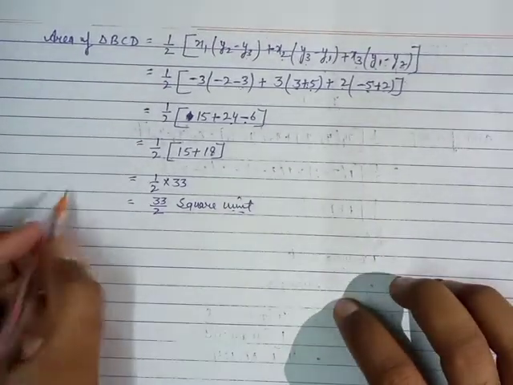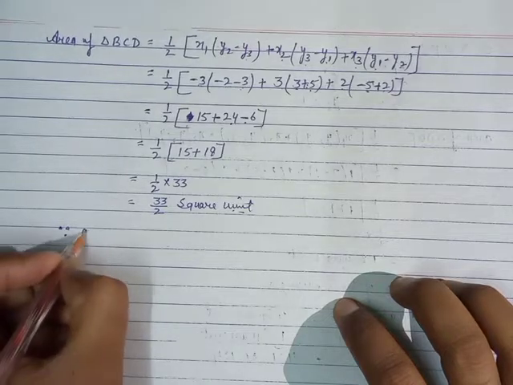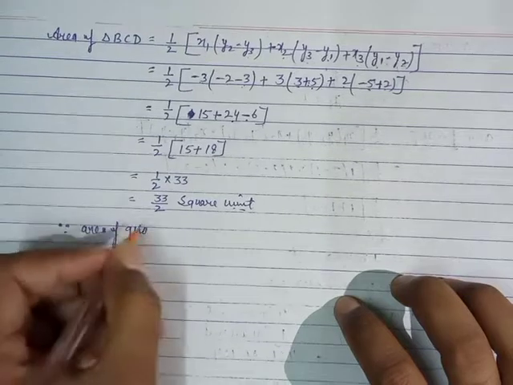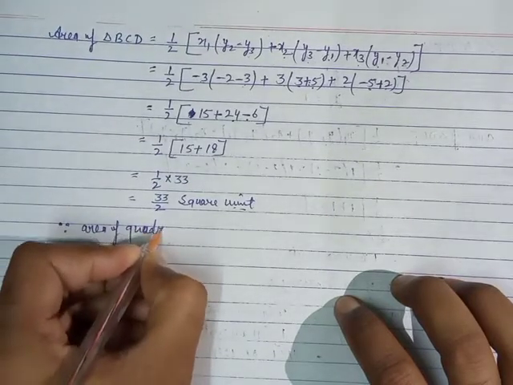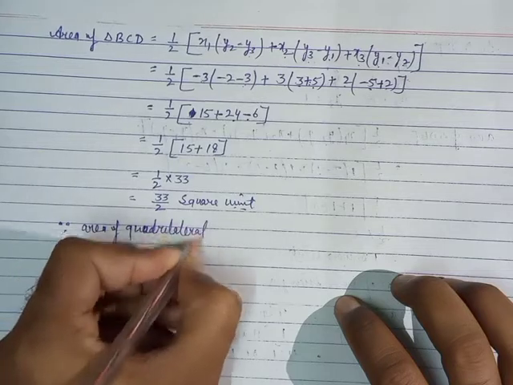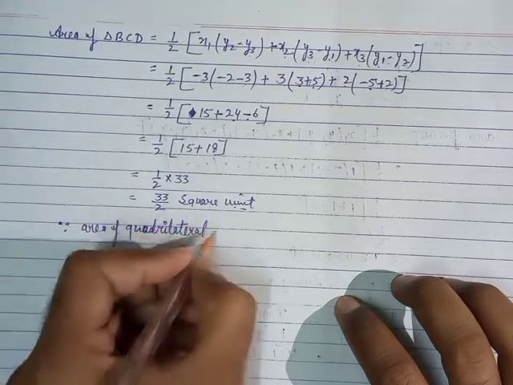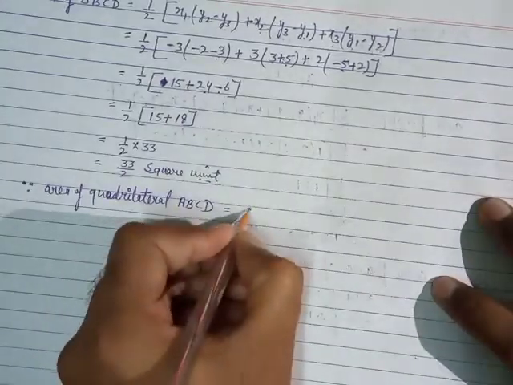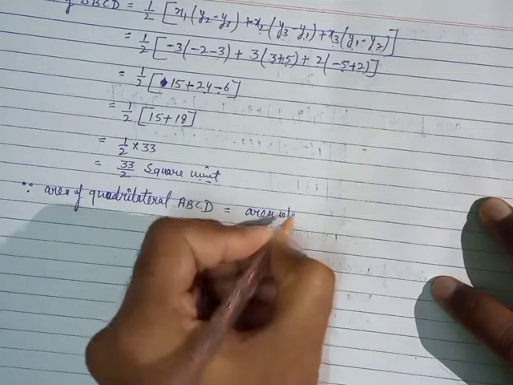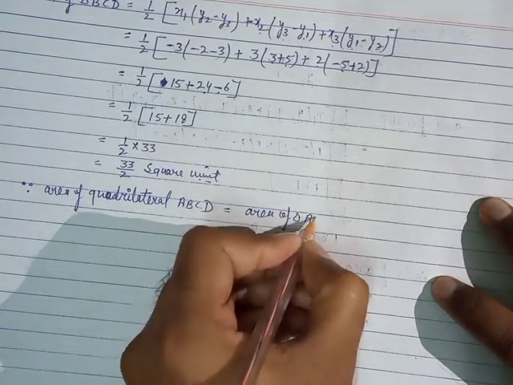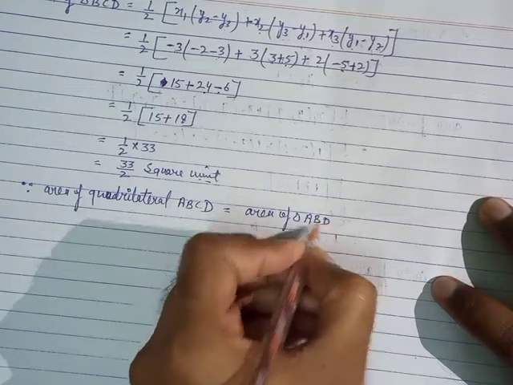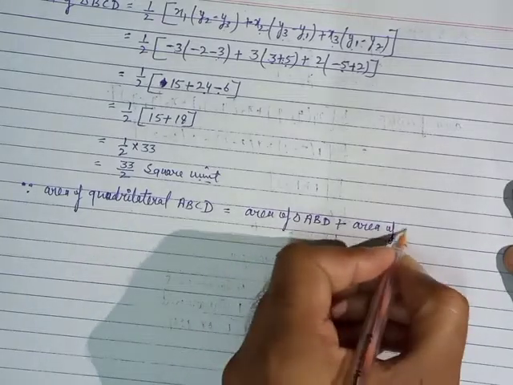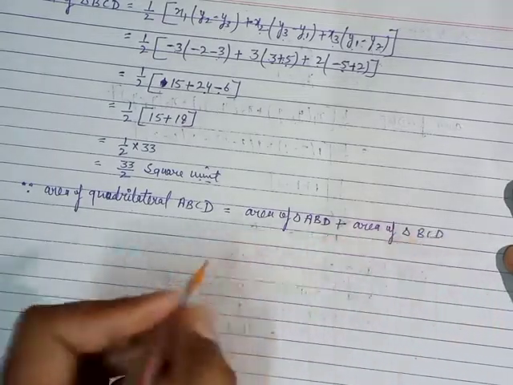Now because the quadrilateral ABCD is divided into two parts, area of triangle ABD plus area of triangle BCD.